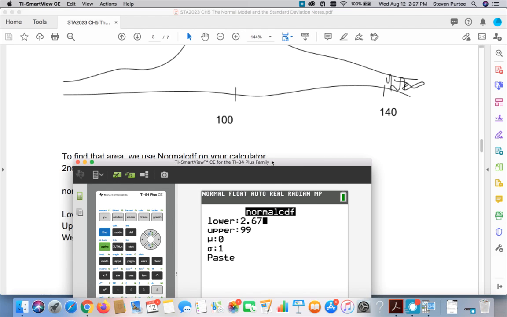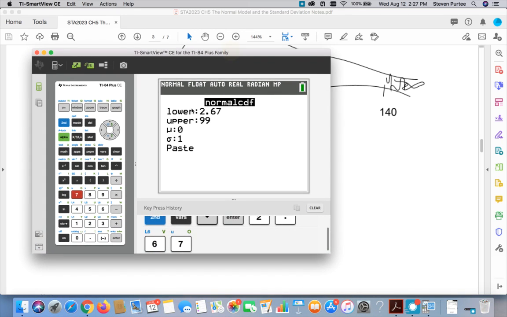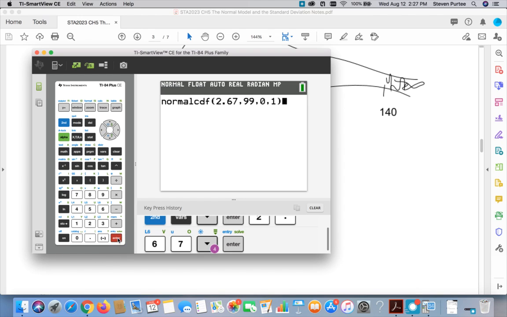Well, I can't type infinity in the calculator. So the way we type infinity is 99. We go down and hit paste. Nothing's happened until we hit enter.